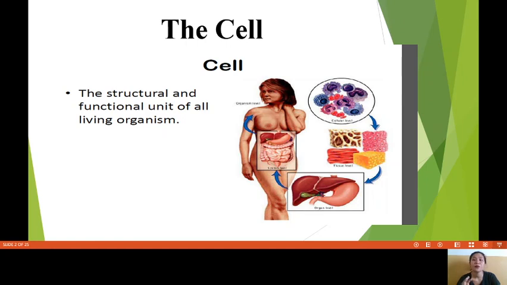So when we go smaller, we will go to your cellular level. Again, this is the smallest part of our body. Our body is composed of billions or millions of cells, right? So cell, tissue, organ, and then you have your organ system, and then you have your human. Okay, so that's how it is.